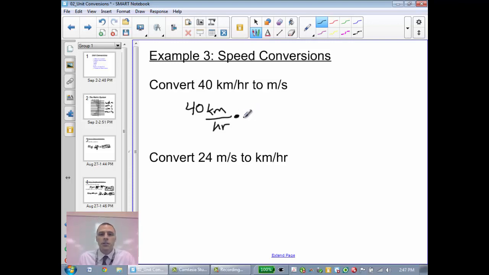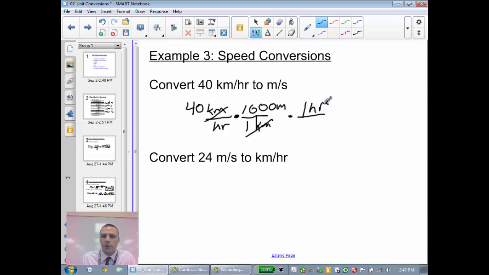I tend to do the distance units first, so I'm going to convert just like we did, 1 kilometer. Sorry about my handwriting, just getting used to the new software. There are 1,000 meters, so the kilometers cancels. And then I have to do the time conversion.